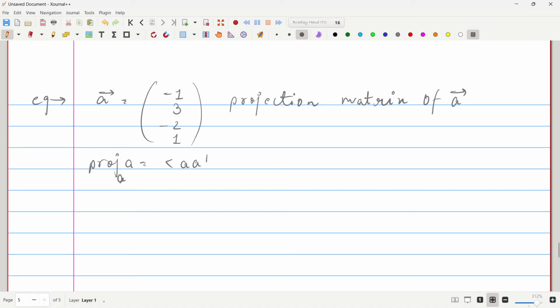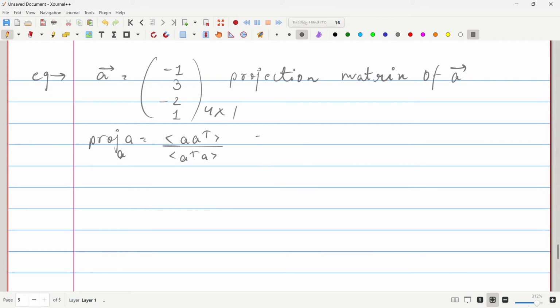A into A transpose divided by A transpose into A. What is the dimension of this vector? Dimension is row into column. There are how many rows? 4 rows into 1 column. So what is A transpose? A transpose will be -1, 3, -2 and 1.